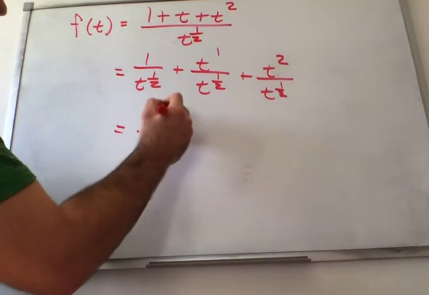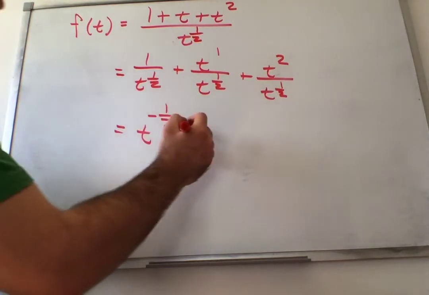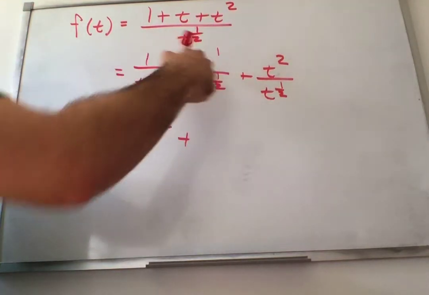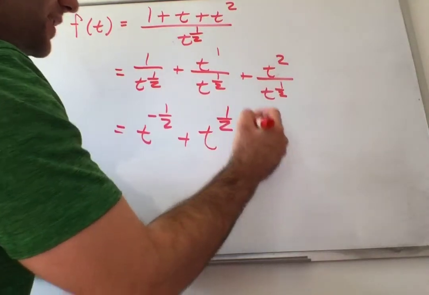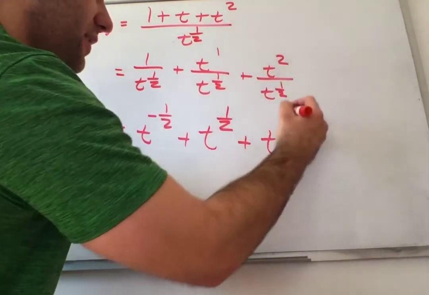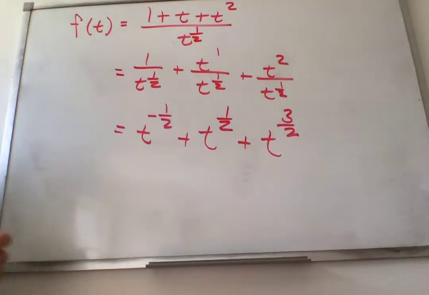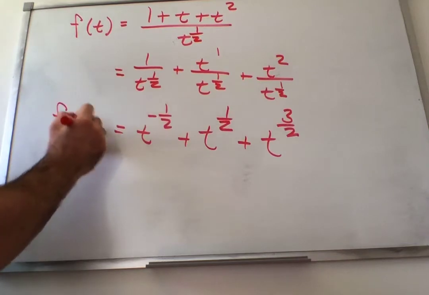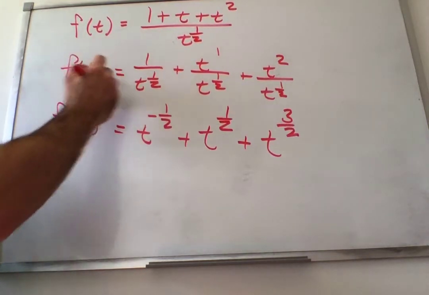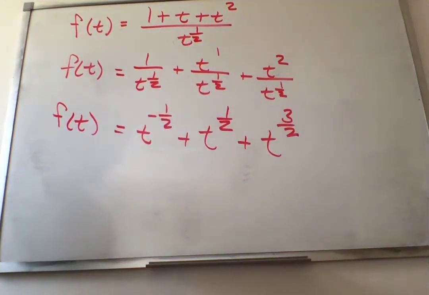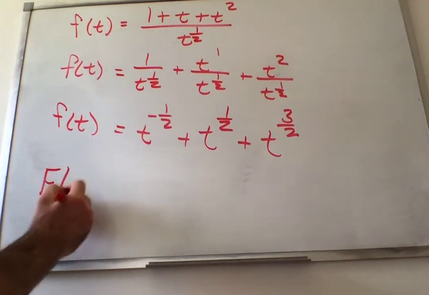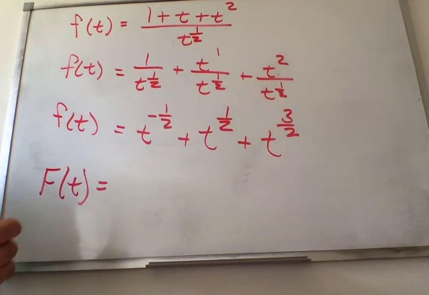Well, this is t to the negative 1/2, plus 1 minus 1/2 is t to the 1/2, plus 2 minus 1/2 is t to the 3/2. So this is my simplified function.